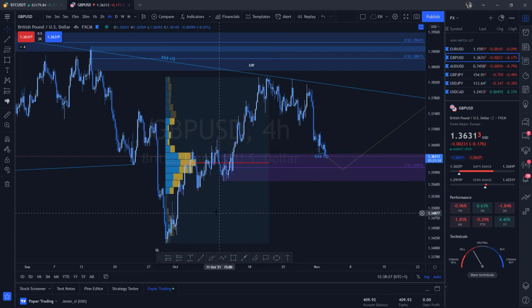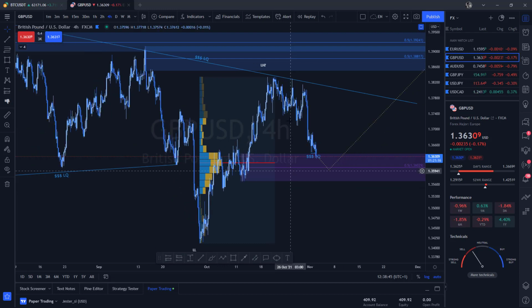So the volume is pointing to this zone. Most of the volume happened in this zone. That's why I am looking to go long from this zone.